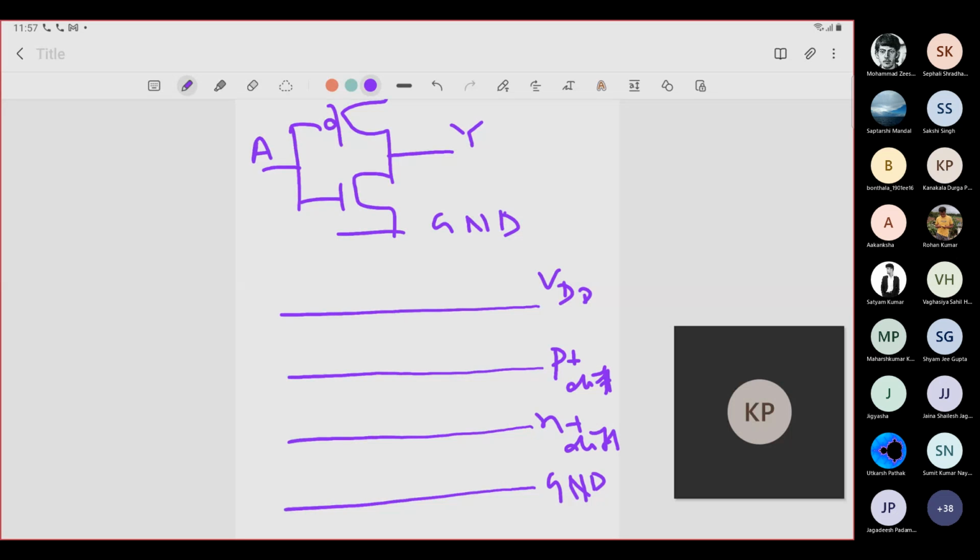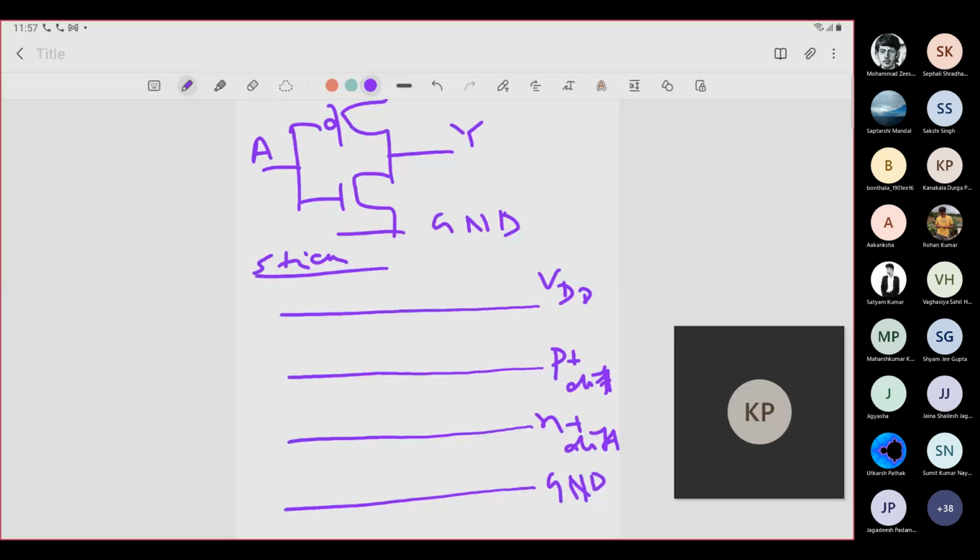The P plus diffusion stick is used to realize a PMOS, and the N plus diffusion stick is used to realize an NMOS. You draw these 4 sticks in the beginning: VDD, ground, P plus diffusion, N plus diffusion.